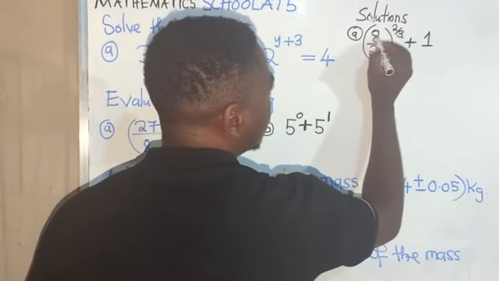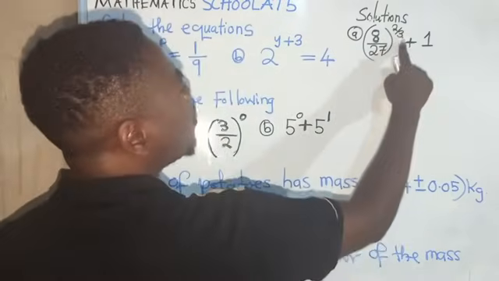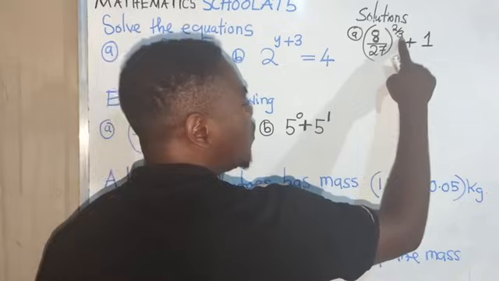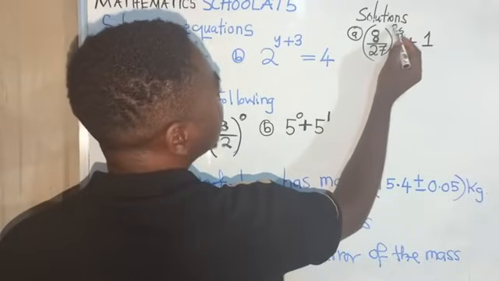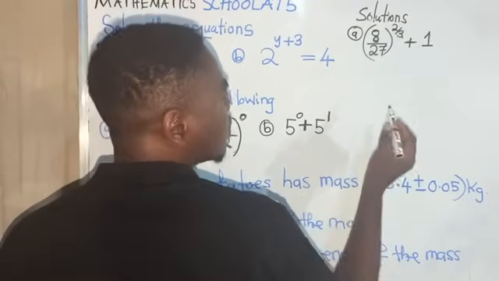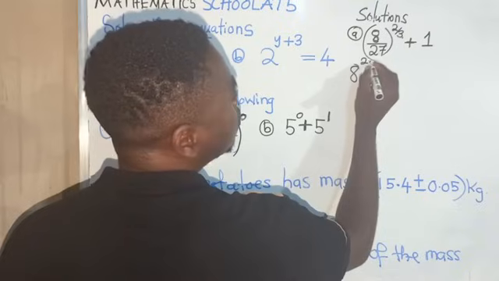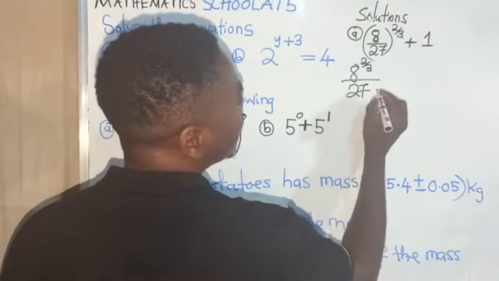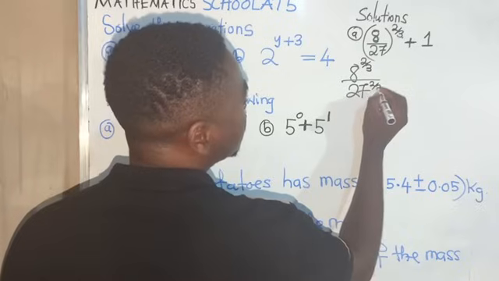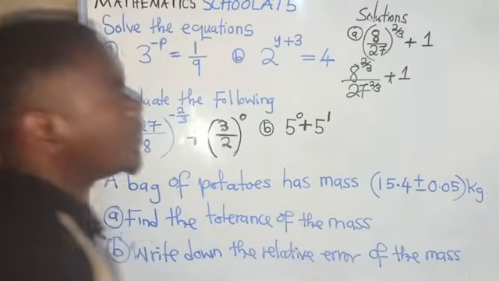So when we go to 8 here, I'm asking which number we can multiply 3 times by itself to get 8, and that same number we square, we put power 2. It is just the same as 8 raised to the power 2 over 3, over 27 raised to the power 2 over 3. Then there is a plus 1.